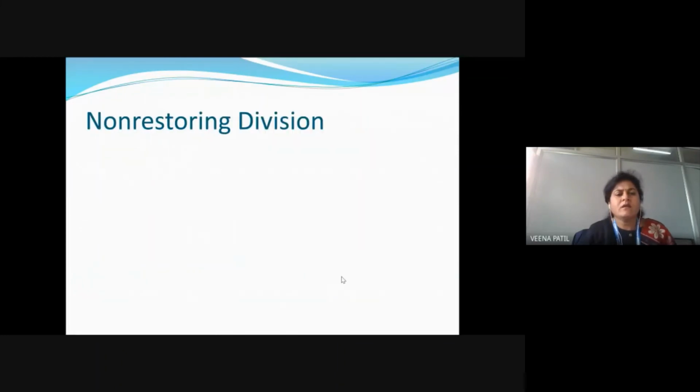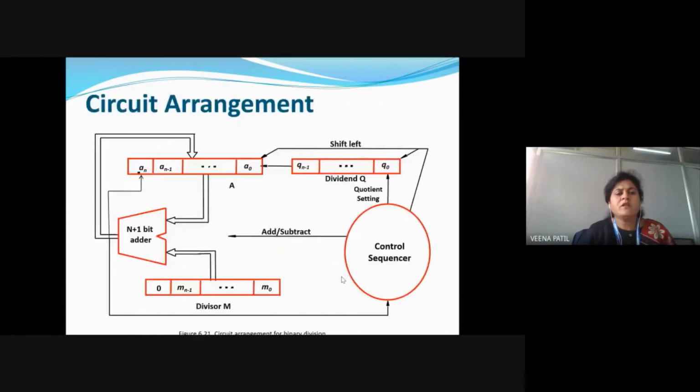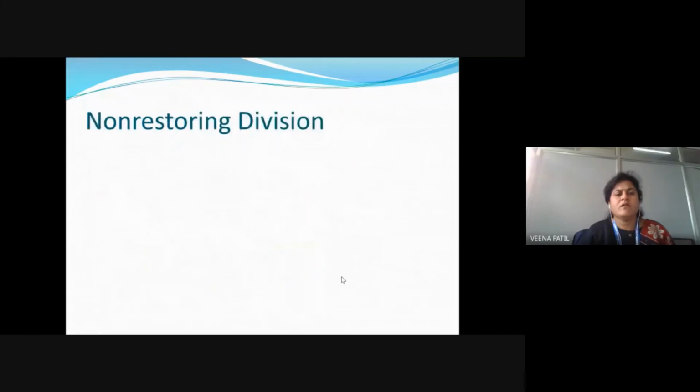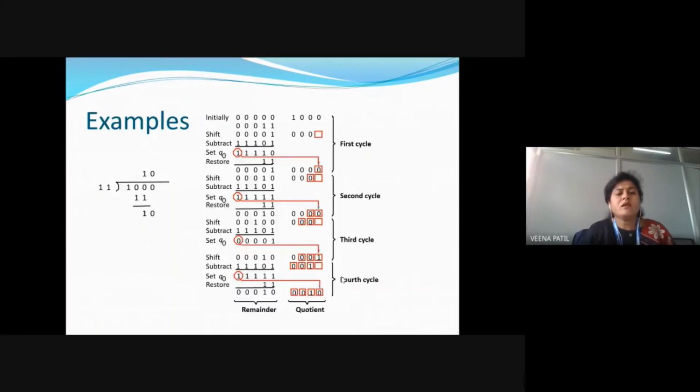There are two methods to perform division: one is called restoring and another one is called non-restoring division. These two are also very, very important. Many times there is an algorithm question on this and also problems on this. This is also one of the expected questions. So I want you people to learn it thoroughly. That's why I am going very slow. In one class, I am just explaining one topic.